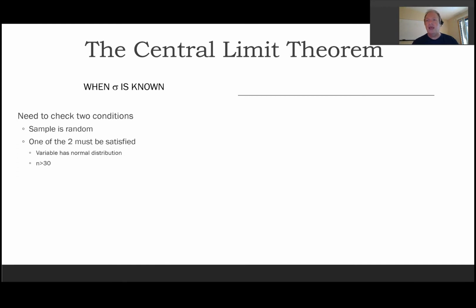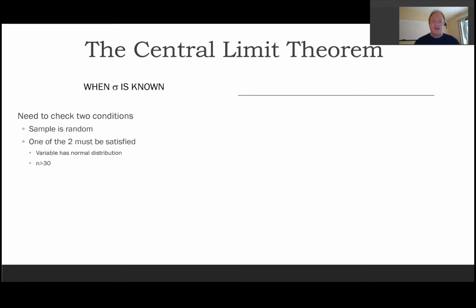So normally, we just look to see if it's symmetric and mound-shaped. In the same way that we rarely have a true random sample, and we'll be satisfied with something that we think is representative of the population, in the same sense, if our data is unimodal and somewhat symmetric, we'll say that suffices for normality.